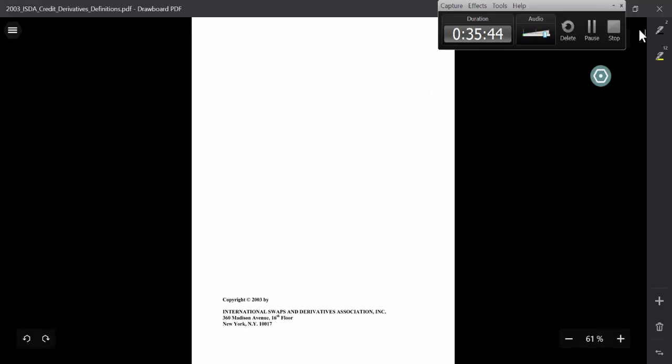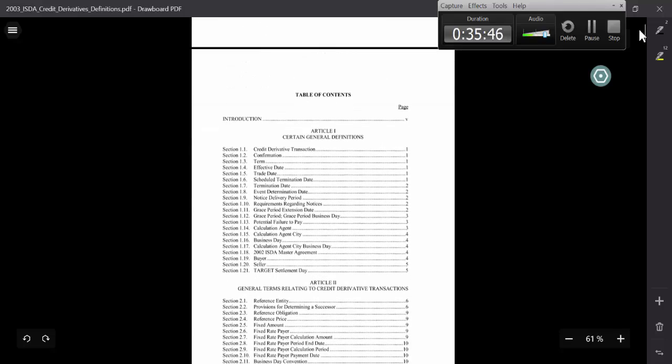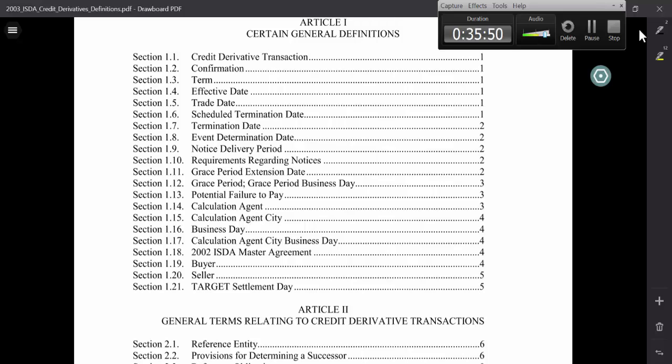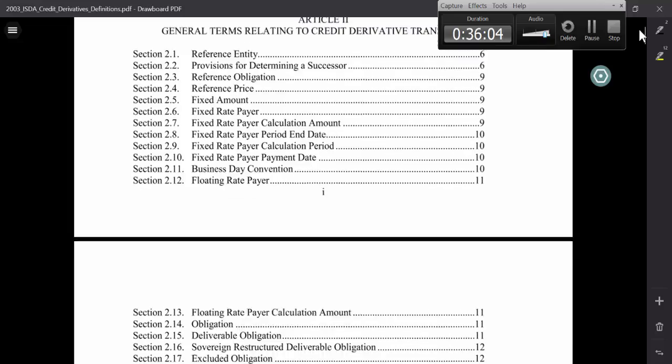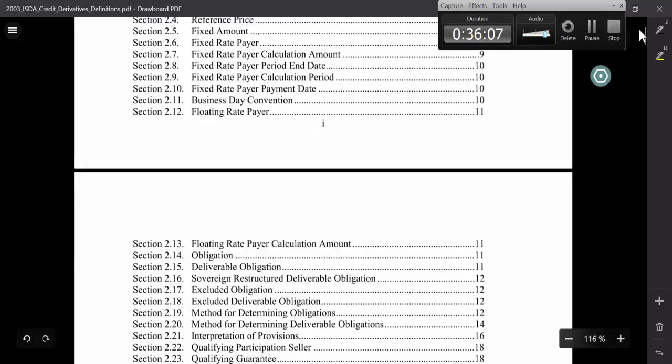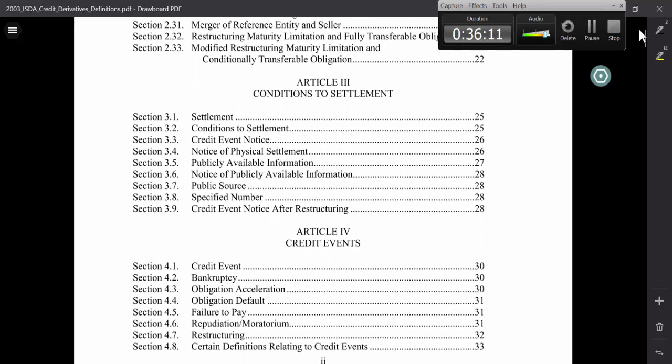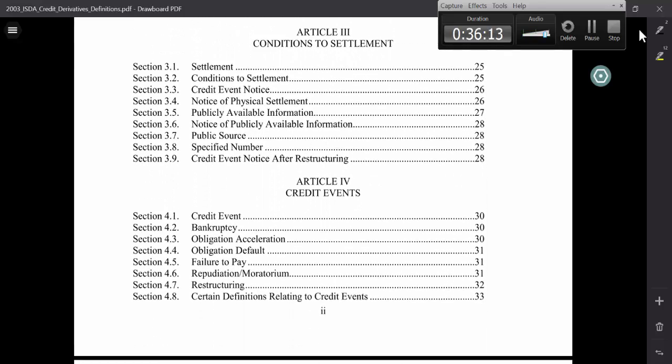What's inside? First of all, there are 90 pages of definitions, like what is an effective date, what is a trading day, what is a grace period, what is a buyer, what is a seller, what is a reference entity, fixed rate payer, floating rate payer, what is the meaning of settlement, credit event notice, and so on and so forth.